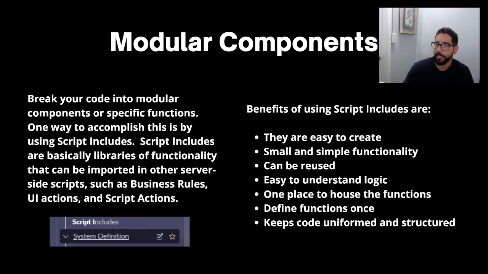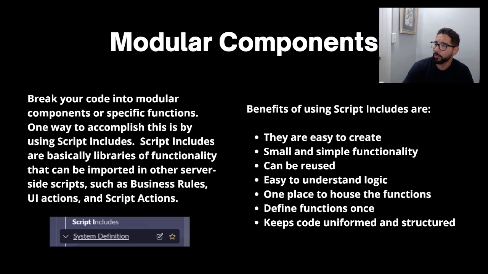So basically, if you're familiar with coding, you can have background scripts that can be imported into a different part of that script in the back end, right? It says here, break your code into modular components or specific functions. One way to accomplish this is using script includes.